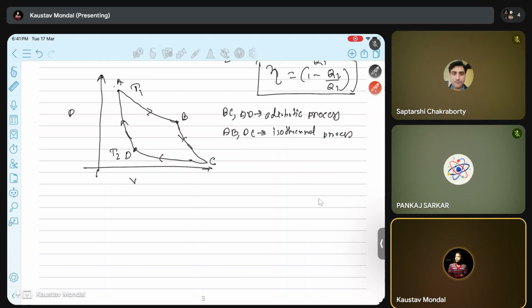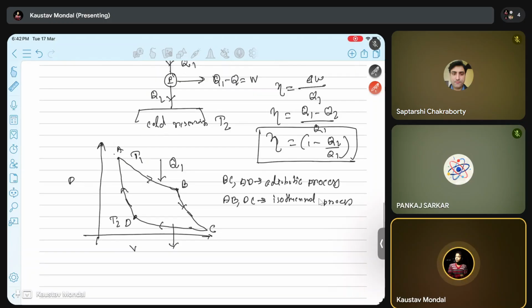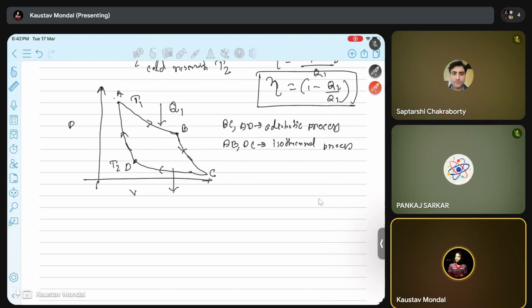During the AB and DC processes, which are isothermal, the temperature will remain the same. Let's take the AB process at temperature T1 and the CD process at constant temperature T2. During these processes heat can be exchanged: there is some input of heat Q1 during AB, and during CD some heat goes out from the engine, that is Q2.